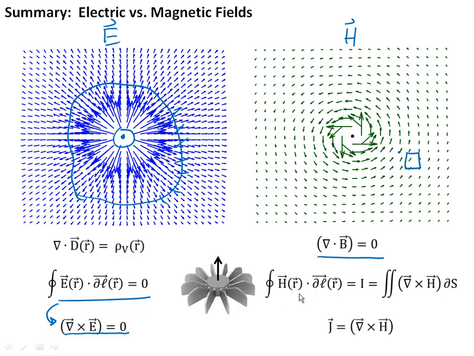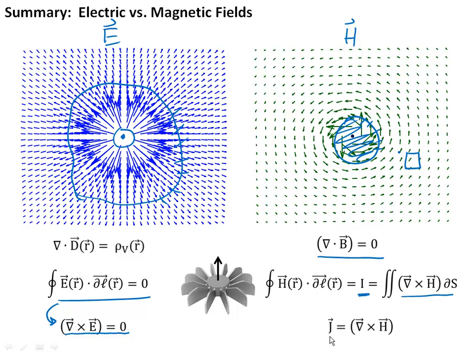We've also, through Stokes' law, learned that if we want to sum up the total current, we can either take a line and sum up all the components, or treat this line as a paddle wheel and take the curl at any point in space, and over some area we can sum up all the curls, and this in either case gives us the current enclosed.